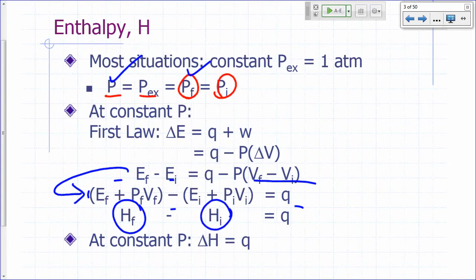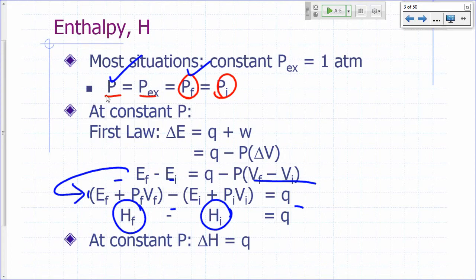So the change in enthalpy is equal to Q. Although Q depends on what path you take from the initial state to the final state, for most of the processes we're interested in, which are happening at constant pressure, we can associate Q with a change in a state function. So Q in this case would be equal to a change in a state function called enthalpy. And that has some significance, which we're going to talk about later.